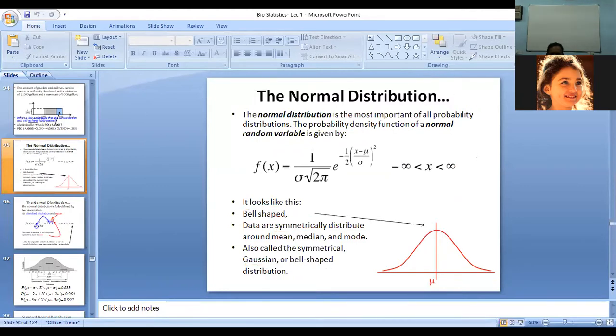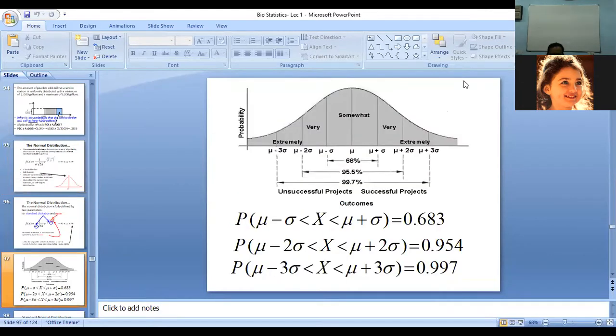This is a natural distribution. If you look at some characteristics of the normal distribution, one deviation from the mean, plus or minus sigma, indicates an area of 0.683.